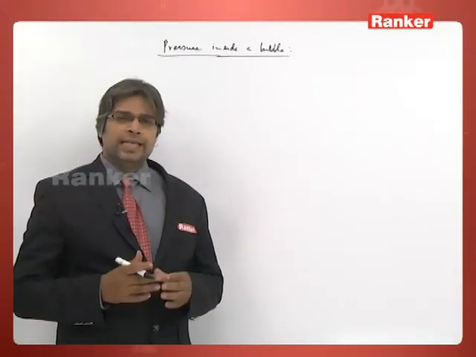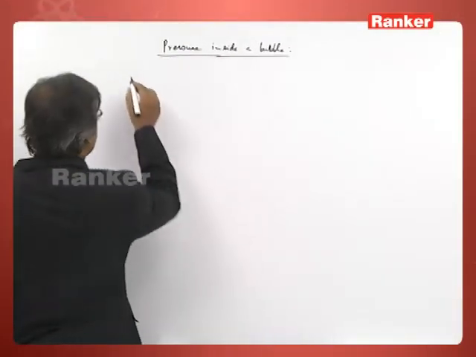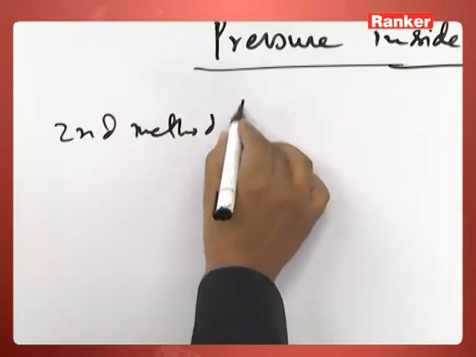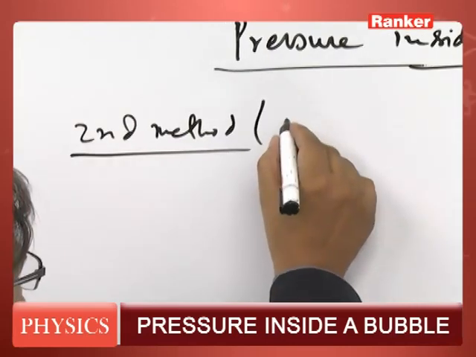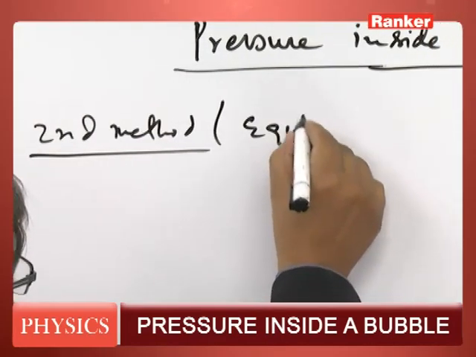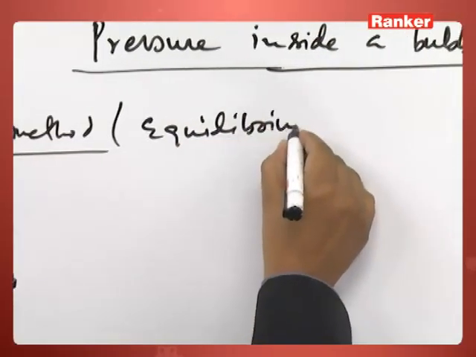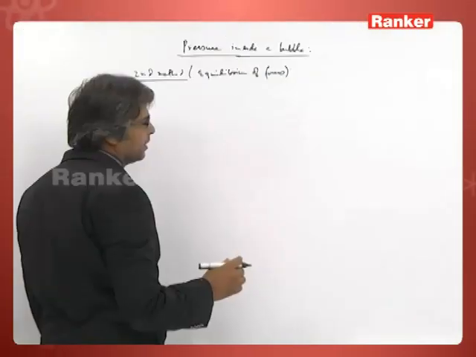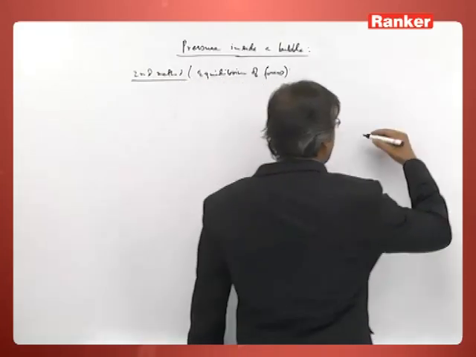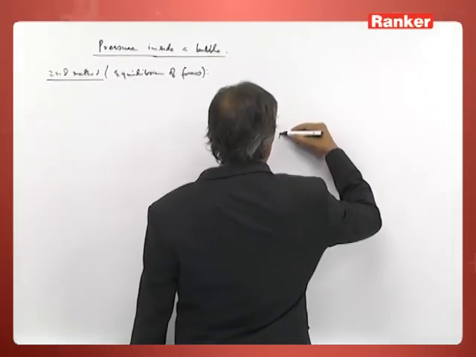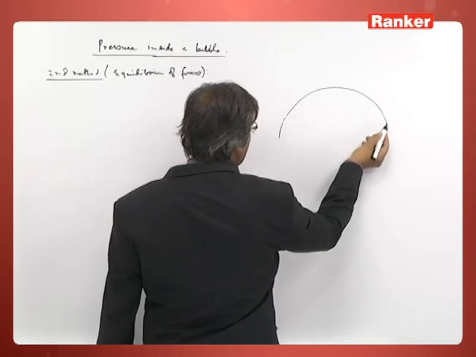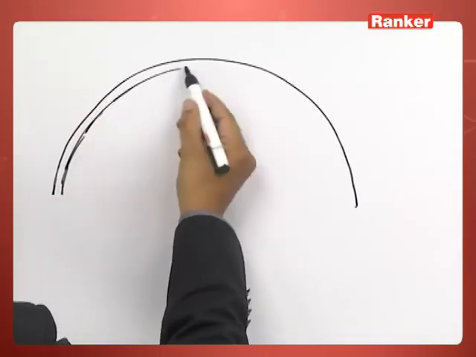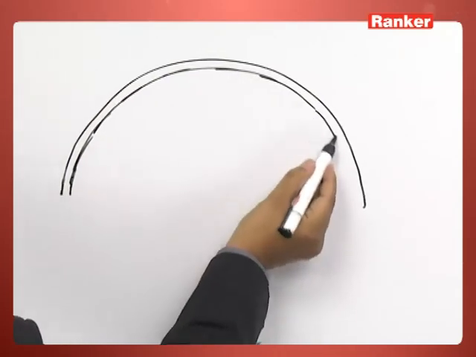Now let us come to the second method, that is equilibrium of forces. This is the force method. This time we will consider the equilibrium of a semi bubble. So, you see it is a semi bubble.